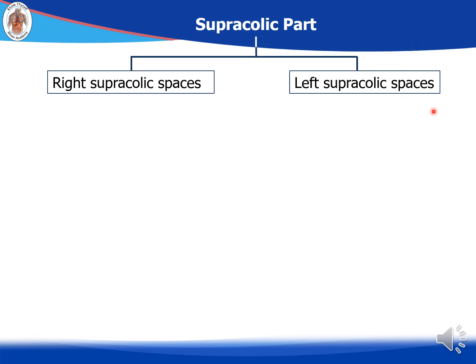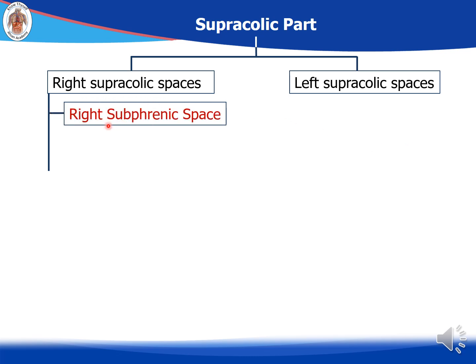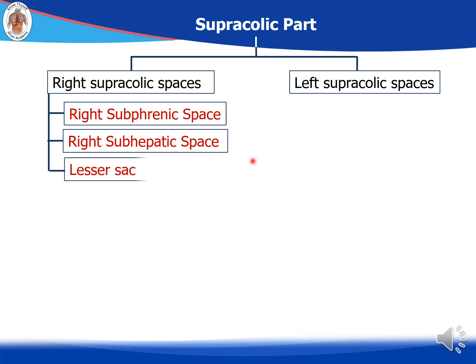Now in the right supracolic space, right subphrenic means just below the diaphragm. Then right subhepatic is just below the liver, and you see behind the stomach another space is there, that is the lesser sac.